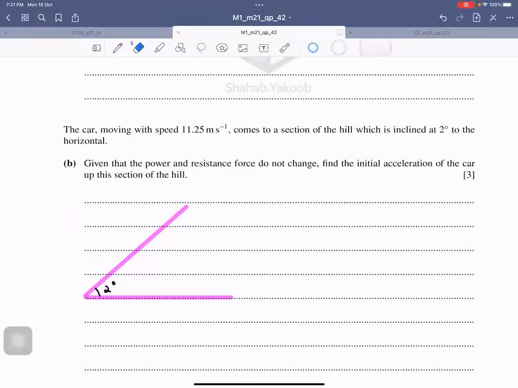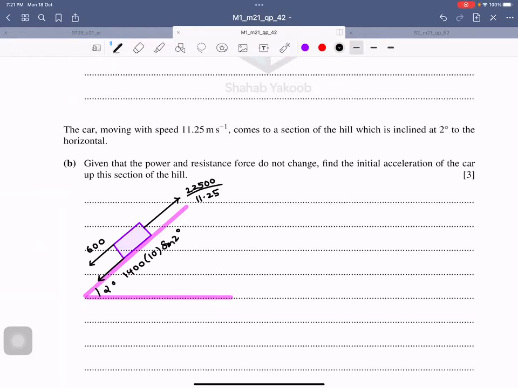So draw a diagram again. This is the car. There is a forward force upwards. There are two backward forces as usual. This is 22,500 divided by 11.25. This is 600. This one is mg sine theta, that's 1400 into 10 into sine of 2 degrees.